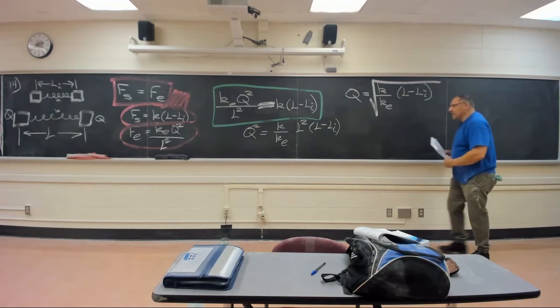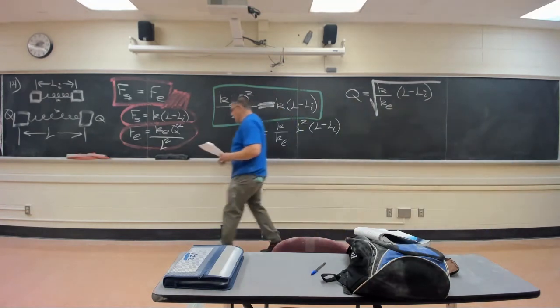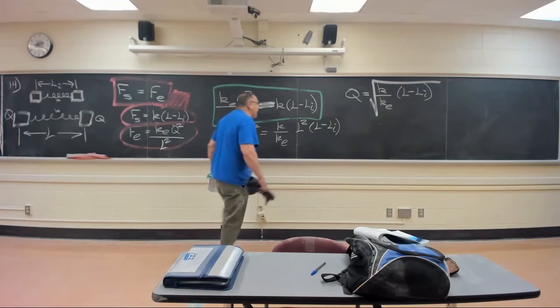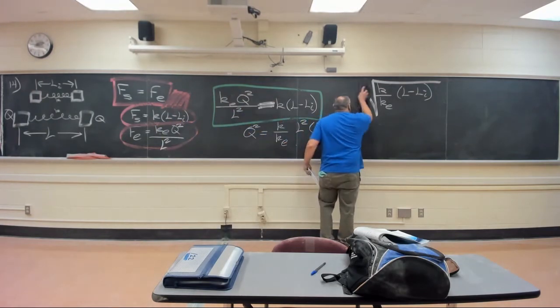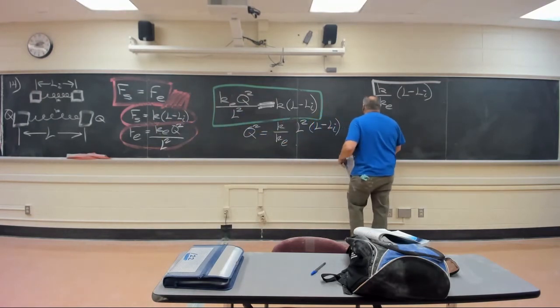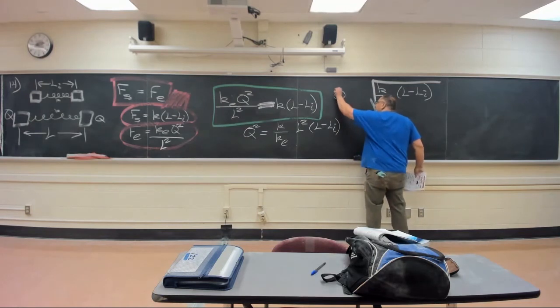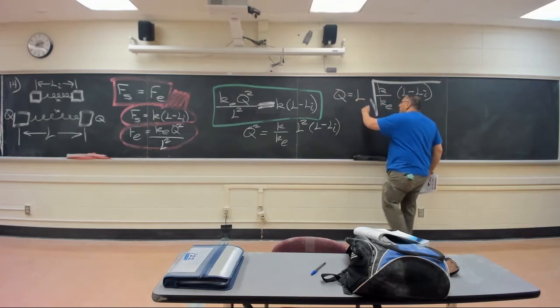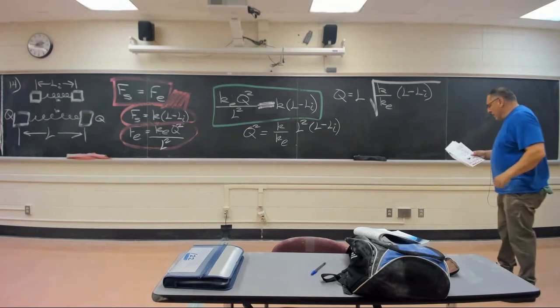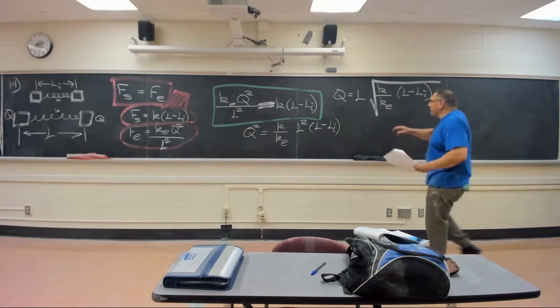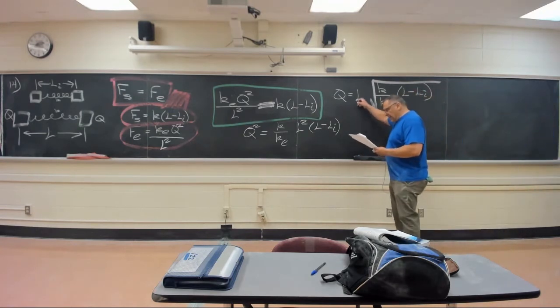There's an L squared there. It's a horse apiece. The square root of L squared is L. The square root of all that.